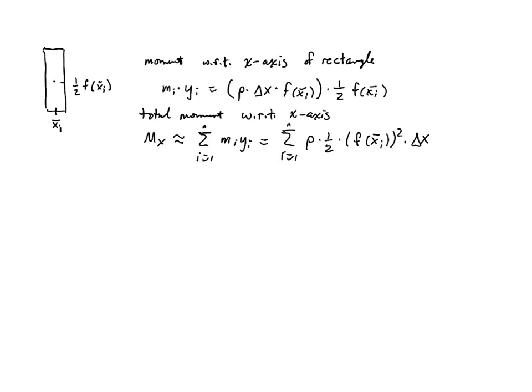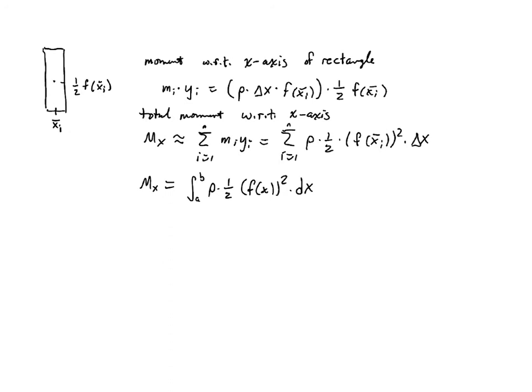So when I take that Riemann sum, take the limit as n goes to infinity, we find that m sub x is exactly the integral from a to b of rho 1/2 f of x squared dx.